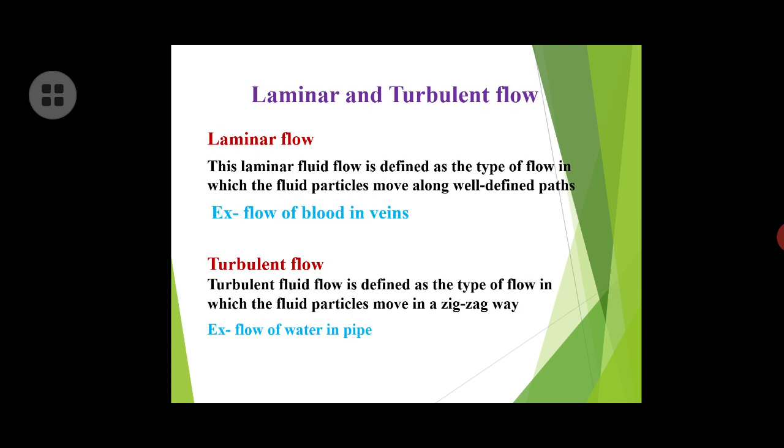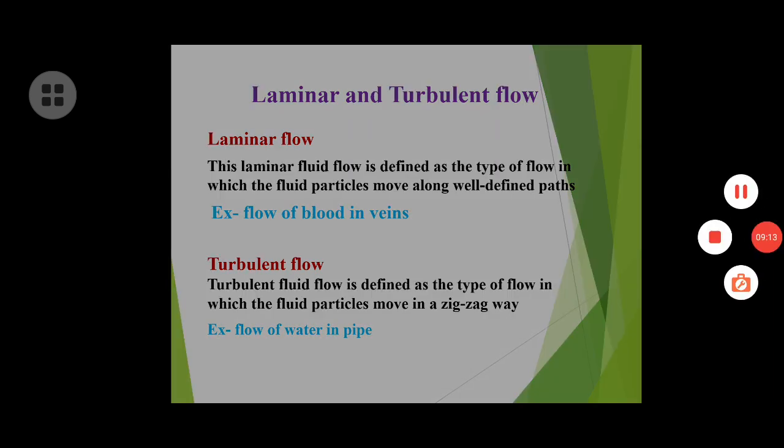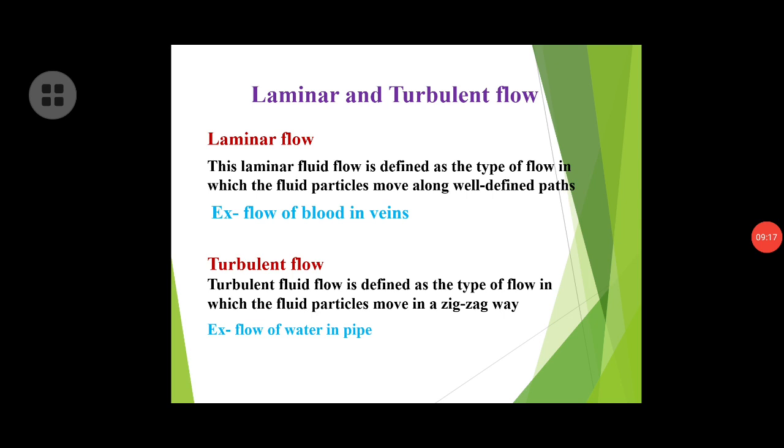Next is laminar flow and turbulent flow. Laminar flow is defined as the type of flow in which fluid particles move on a well-defined path. Flow of blood in veins is the best example of laminar flow. That means in laminar flow the particles move in a straight line or well-defined path only.